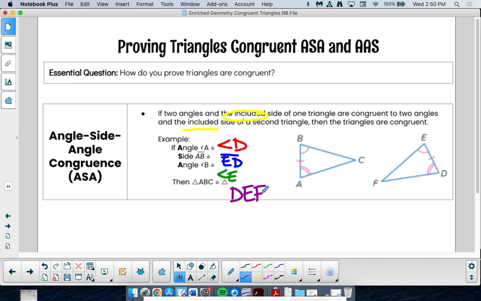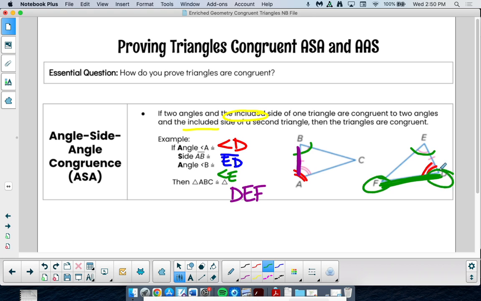So now this included side idea. Do you see how here's an angle congruence that we know, and here's an angle congruence that we know? Now the side between them, that side's between those two angles, that's our included side. FD would not be the included side because it's not between these two angles.